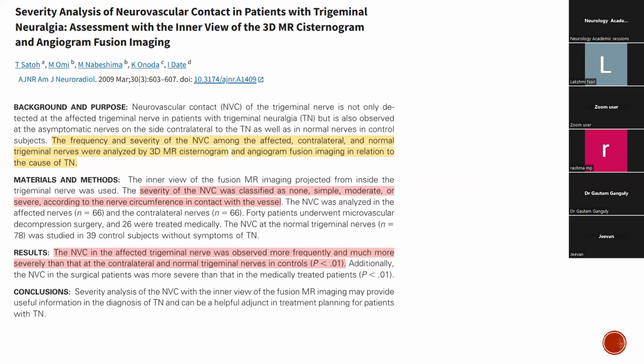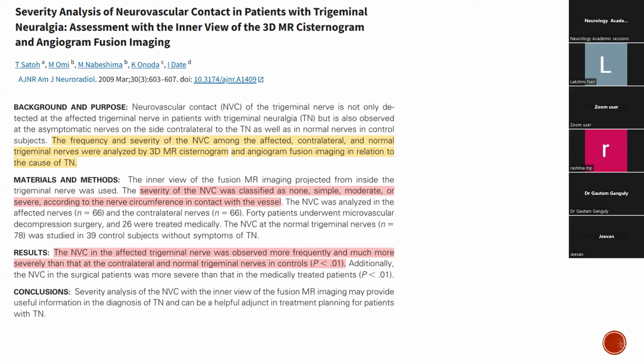Here the frequency as well as severity of the neurovascular compression among the affected, contralateral as well as normal trigeminal nerves were analyzed using 3D MR cisternogram as well as angiogram fusion. The inner view of the fusion MR imaging projected from inside the trigeminal nerve was used, and the severity of the neurovascular compression was classified into none, simple, moderate, as well as severe, according to the nerve circumference in contact with the vessel.